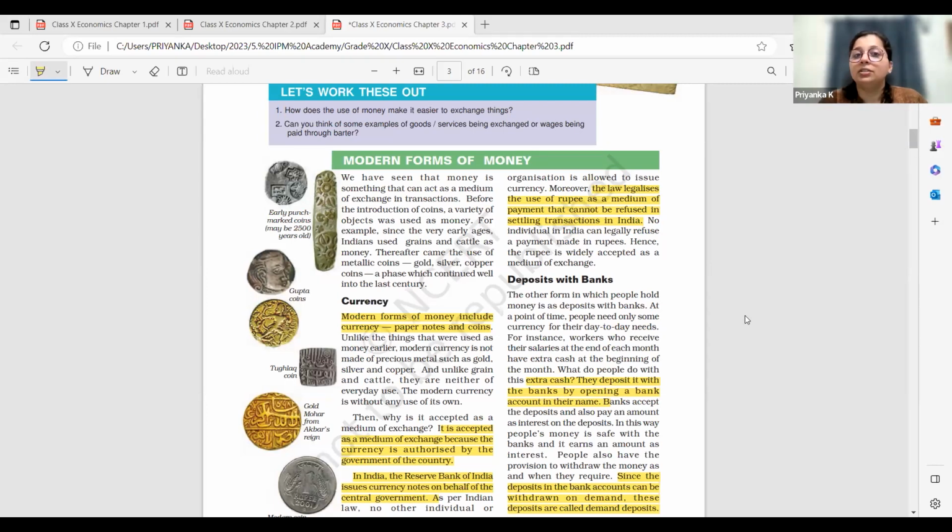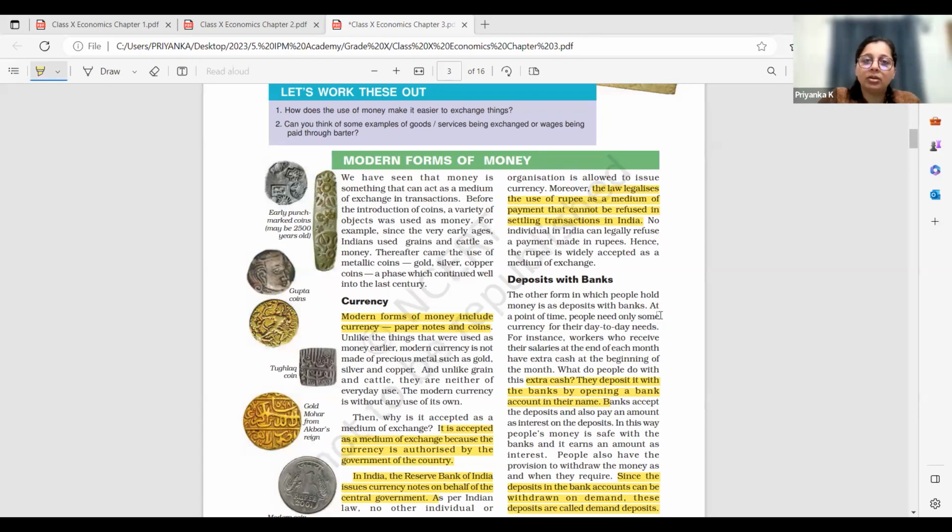The law also says that one person cannot refuse settling transactions in India in any form other than rupees. That is why we trade in rupees. We buy products and services in rupees within the country's territory. We don't have any other form of currency in our state, because there is a law governing the use of the Indian rupee in our country.